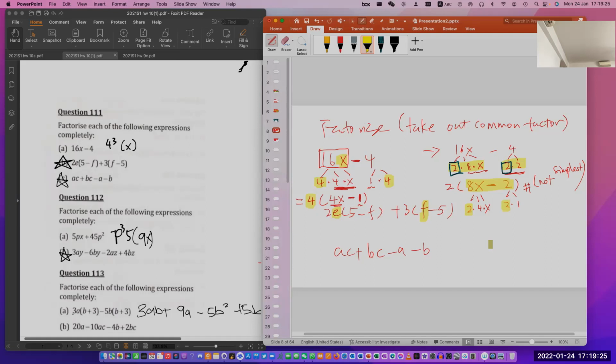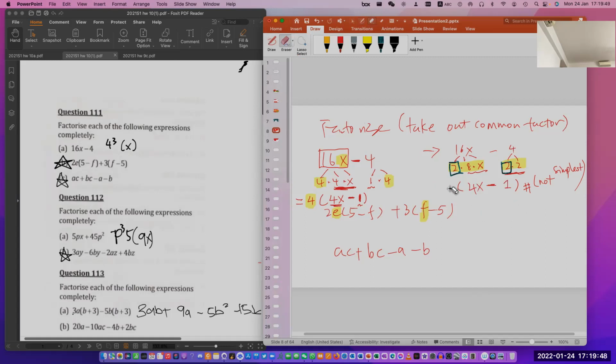Okay? So if you take out the 2 again, the 2 is gone, so you put it in front, out of the bracket. So you end up with 4x, and over here you end up with 1.